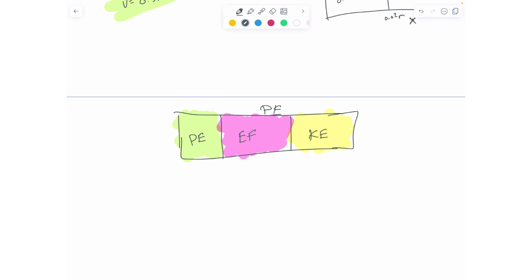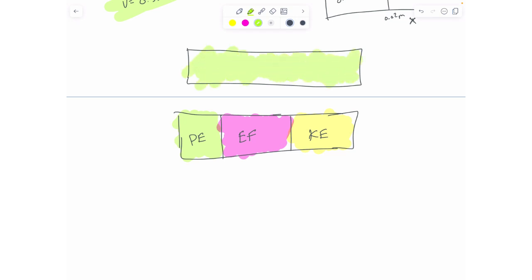So while the whole thing was potential energy initially, let me just erase that. If this thing does erase, good job. Okay, so let me just draw it like this. Initially the whole thing was like this. The whole thing was potential energy, but then work happened, right? And then work changed it.